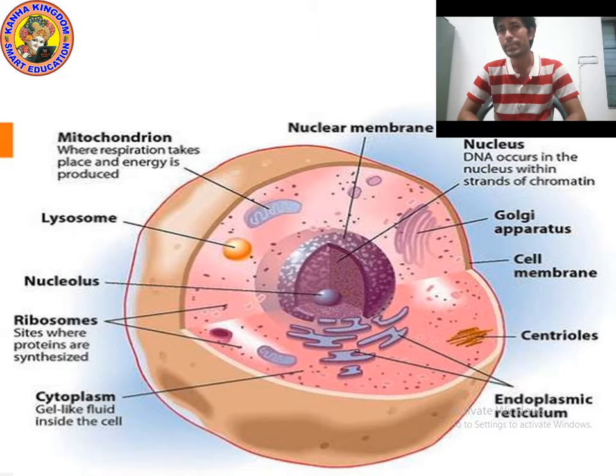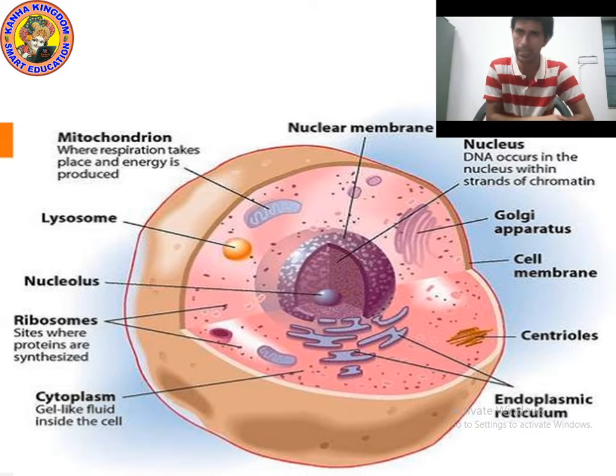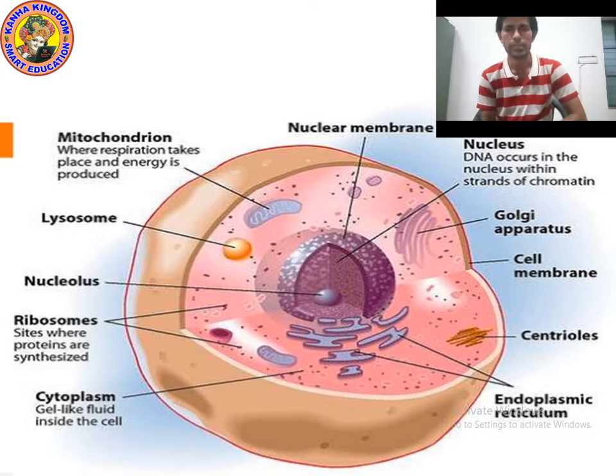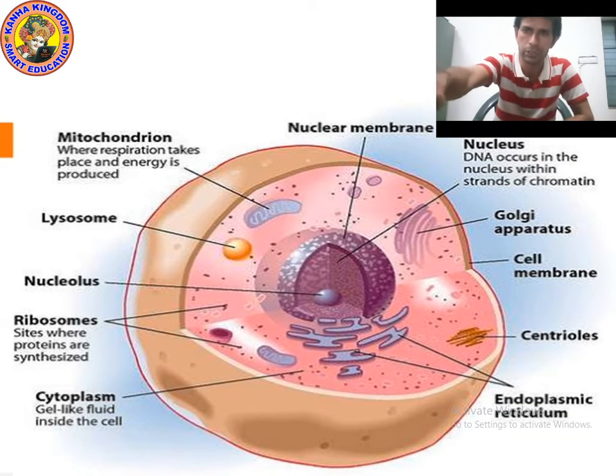Golgi apparatus, can you see the Golgi apparatus? These are the parts of our cell. Now let's see the introduction of the cell, then the types of cell, then again the different organelles. Let's move on to the next point.